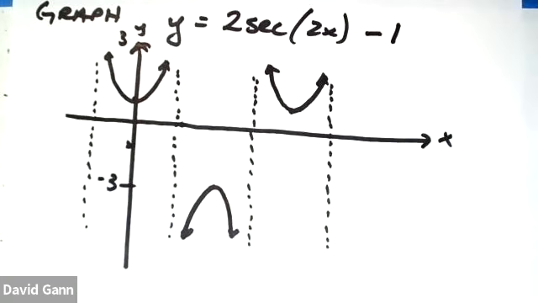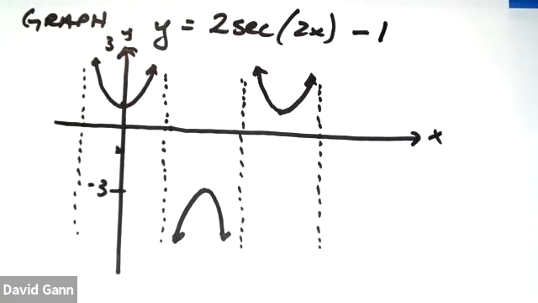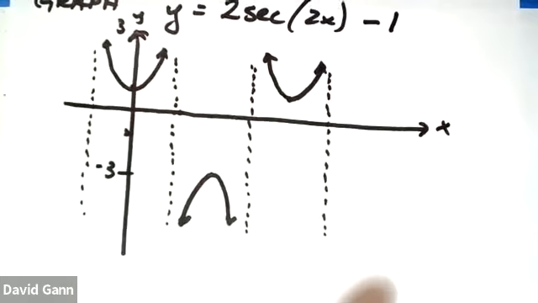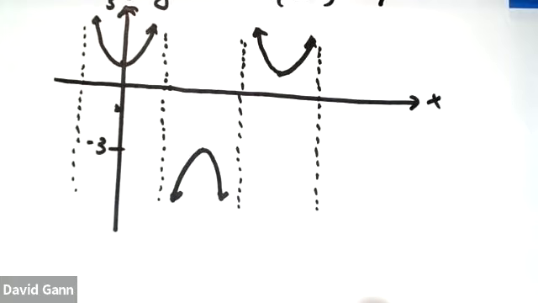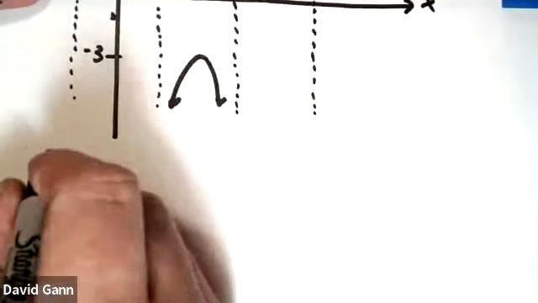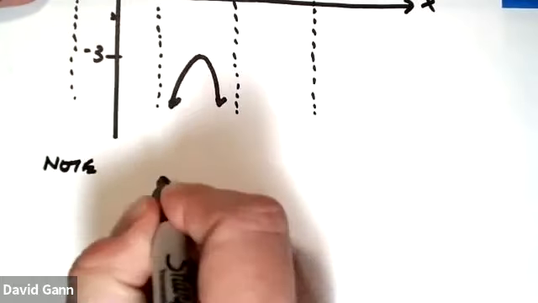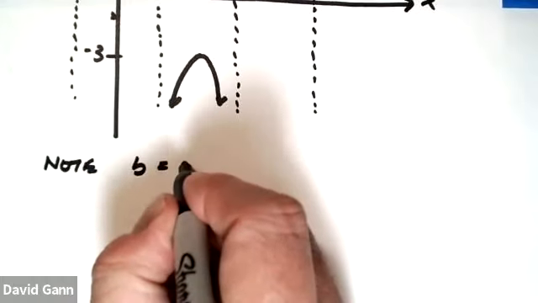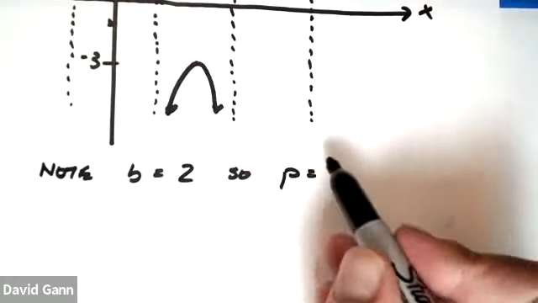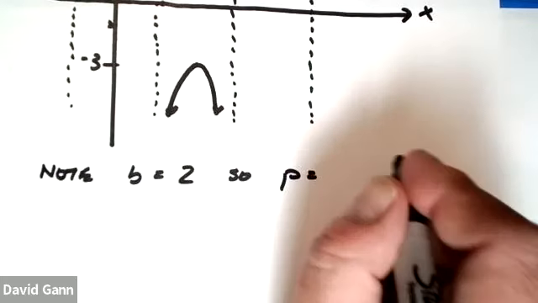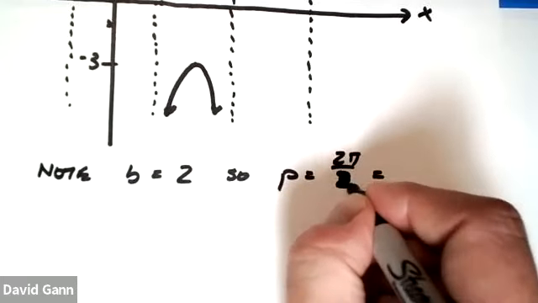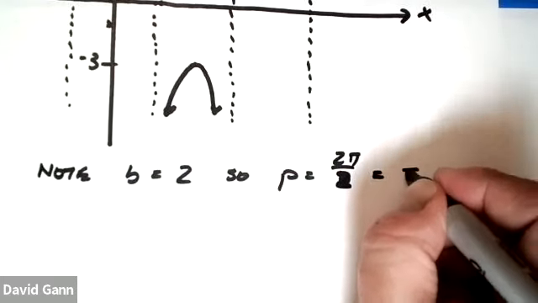Okay, so what else do I need on this graph to make it complete? I need some information about the horizontal axis. So where does it occur? Well, first, if we look at this b value, note b equals 2, so the period equals the normal period, which again we noted was 2 pi, divided by b, which is 2, which just happens to equal pi.